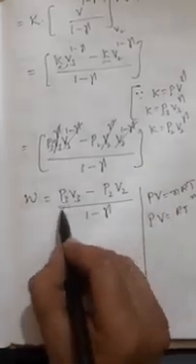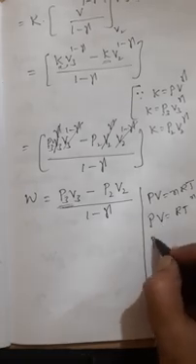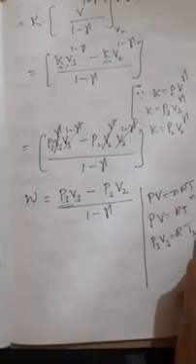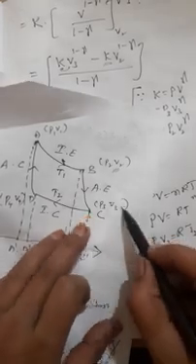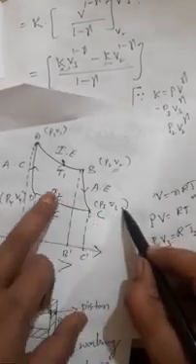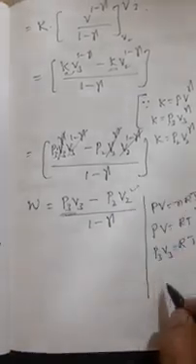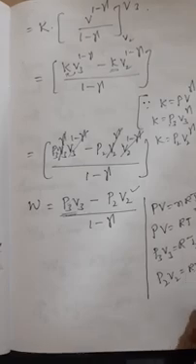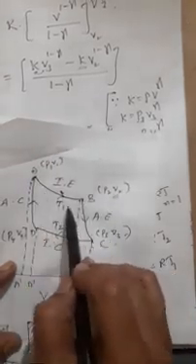Now at this situation, P3V3 is equal to RT2, because P3 and V3 are at the position of T2, so we have to write T2. And P2V2 will be equal to RT1, because P2V2 is at this temperature, T1.